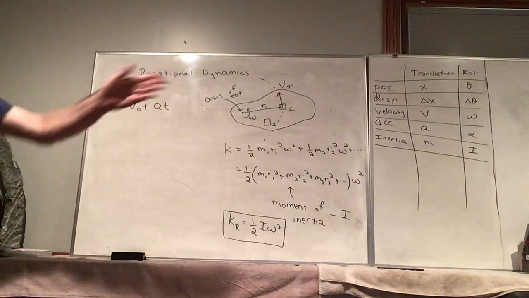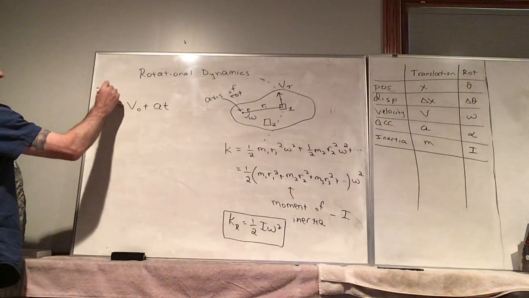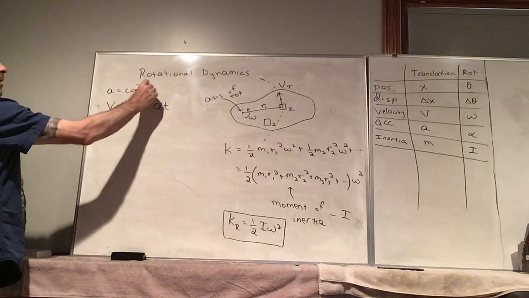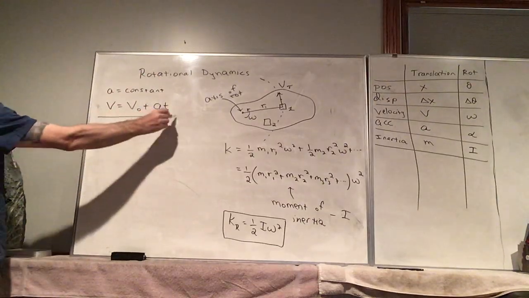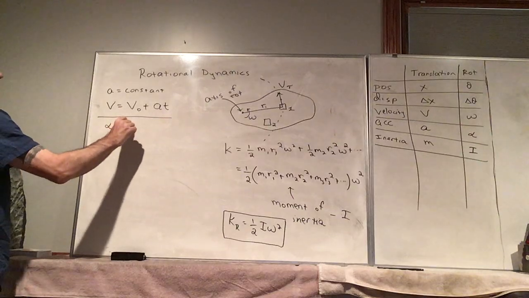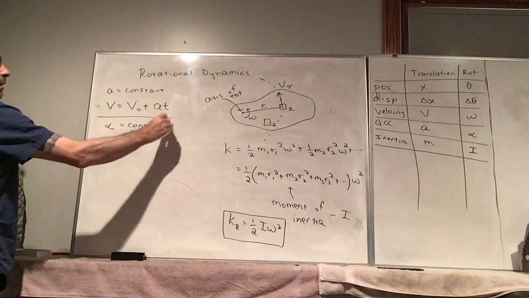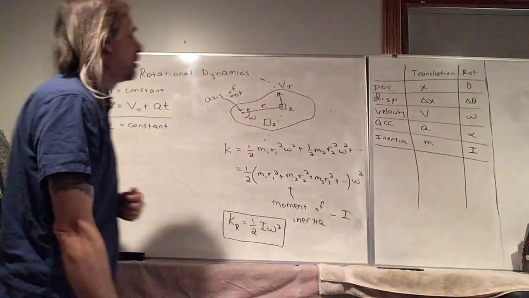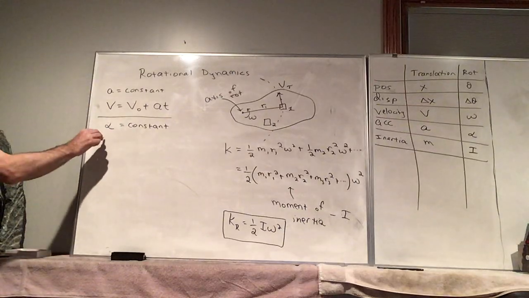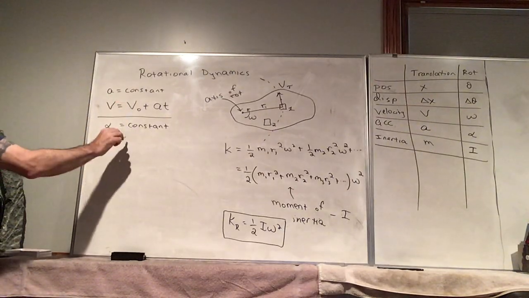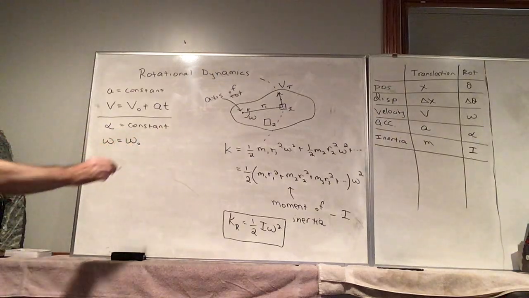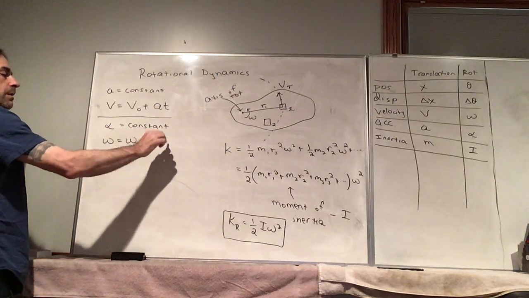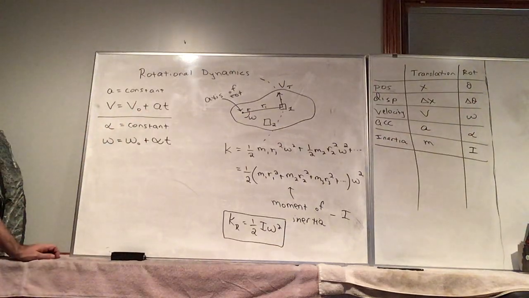If we just look at this table and replace all these variables, so if we have constant angular acceleration, the rotational equivalent of acceleration is angular acceleration, the rotational equivalent of velocity is angular velocity, initial velocity would be initial angular velocity, and then replace a with alpha. Time we leave alone. And again, this is a valid equation.